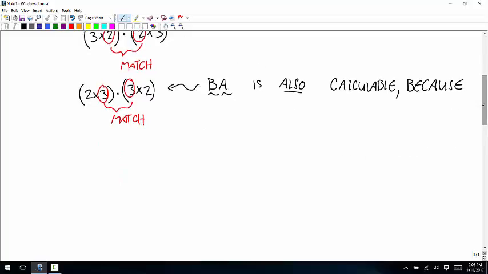By the way, I don't know that this is ever going to come up in this class, but matrix multiplication can be written with summation notation.